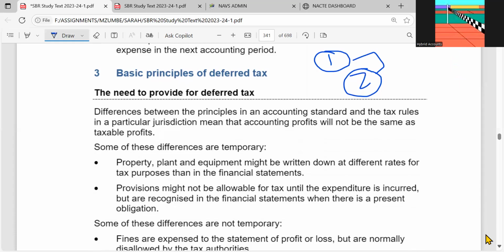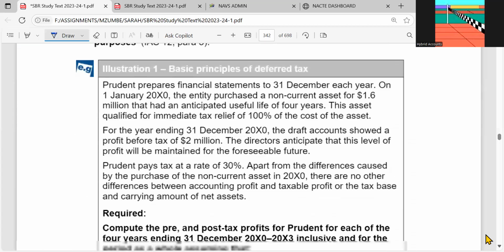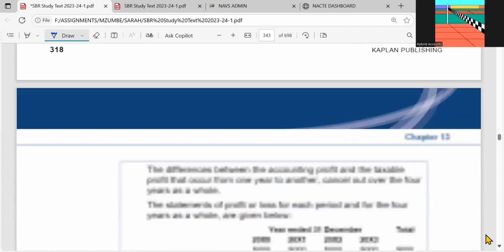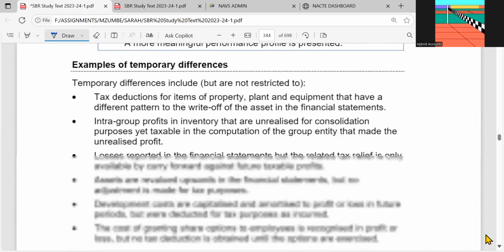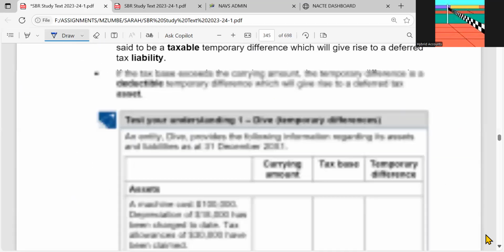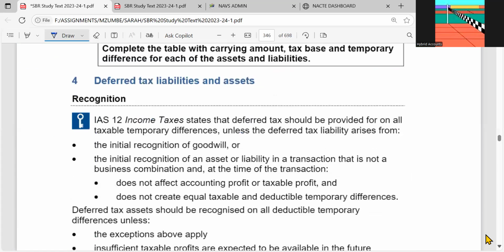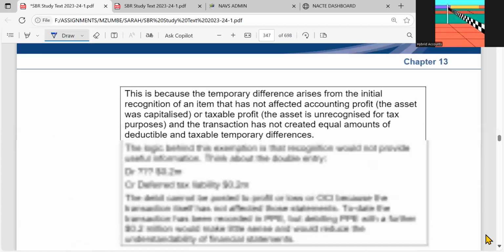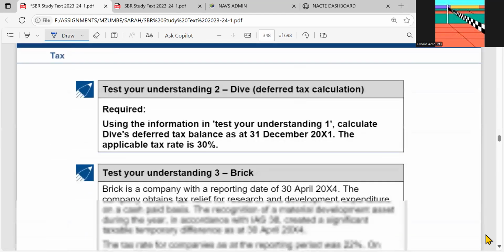Wait. I think if there is a way, we should do an example on current tax. Wait a bit. I need us to go somewhere and do an example on this current tax, right? Of course, I think we should also do this.